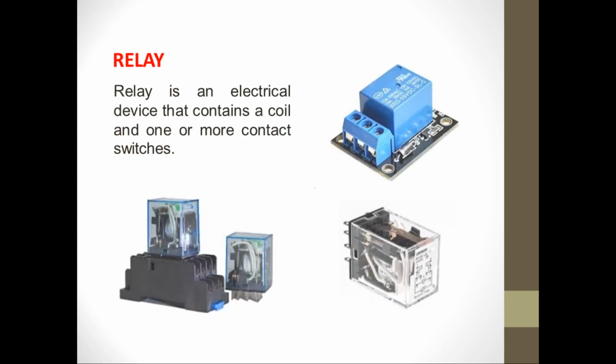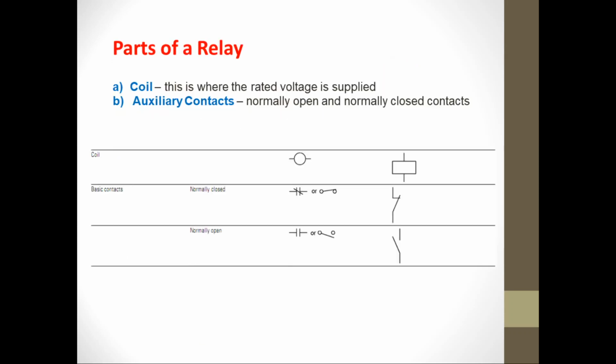A relay, on the other hand, will only change contact from closed to open, or open to closed, or vice versa. It will only change contact if the coil is being supplied with its rated voltage.